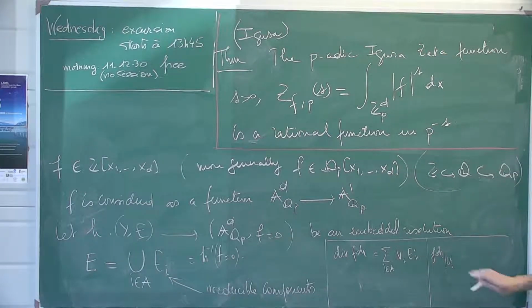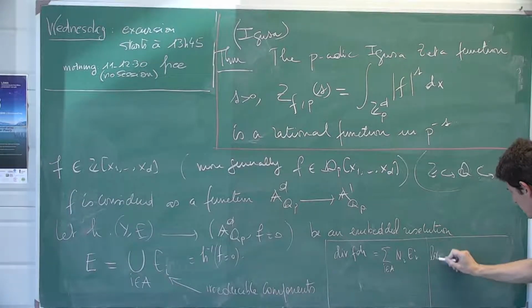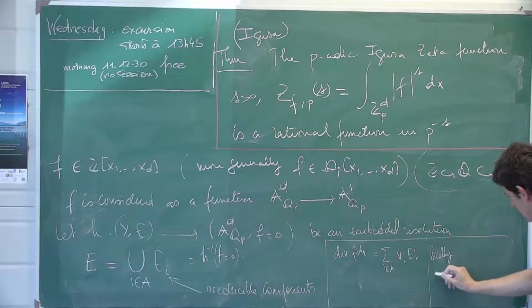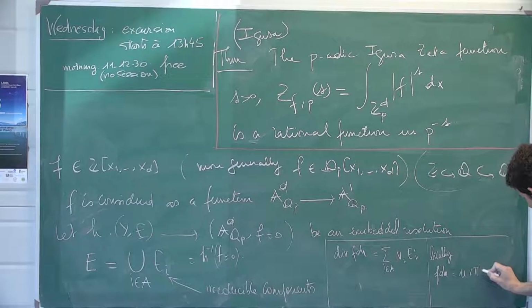So that means that locally, in some open set U_I, maybe I should say, locally, f composed with h will have the form a unit times a product of y_i^(N_i), like this.